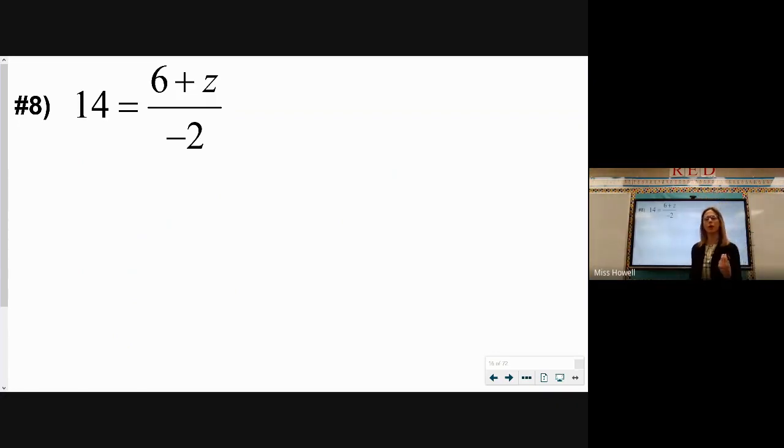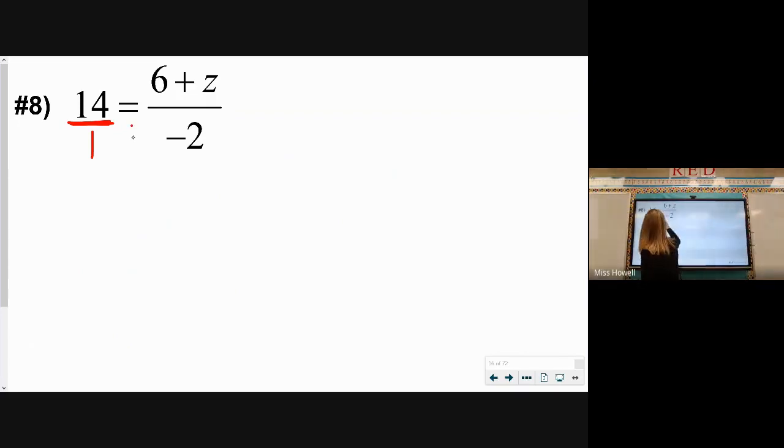However, when we have a whole number like 14, we can write it as a fraction because it's technically a 14 on top and a 1 in the denominator. If I add the denominator of 1 over here that's technically there, now we have a fraction, an equal sign, a fraction, and we can use our cross products method to help us solve for our variable z.